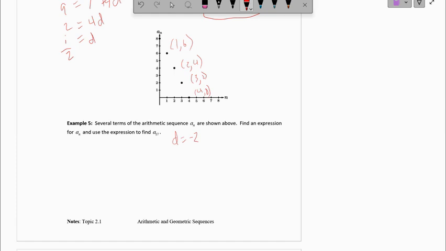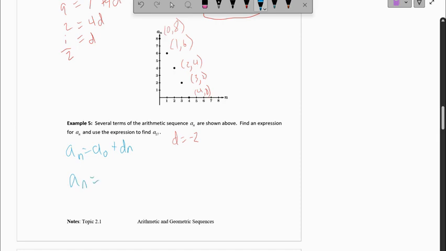Okay, and actually, and I missed this point up here when I first looked, I also have 0, 8, which is really nice because that means my initial term, my 0 term, is 8, which means instead of using the one that I was using for all the others, I can actually use the one that's similar to like slope-intercept form. So the initial plus dn. So I get it real quick with this one.